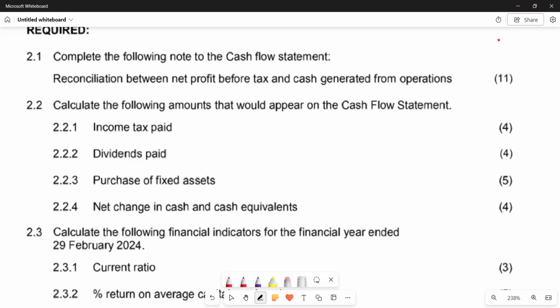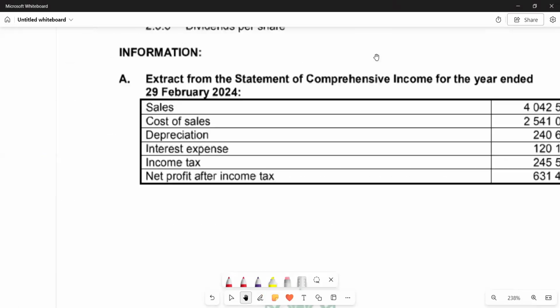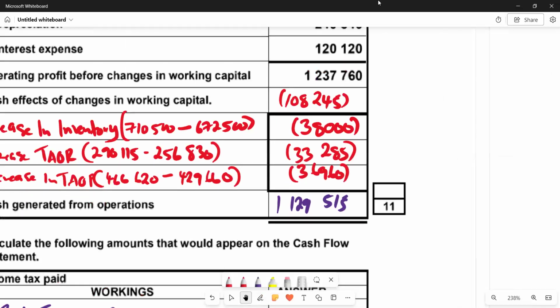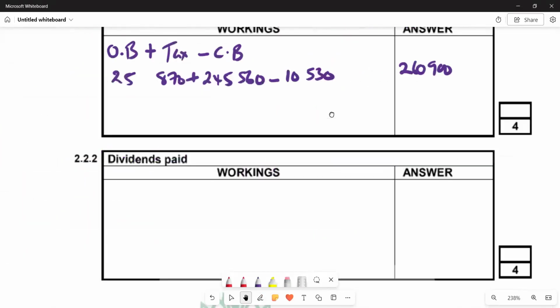So we move on to the second part of the question, which is dividend paid, calculation of dividend paid. Remember, on dividend paid, let's bring down the formula. Dividends paid: we are going to say the opening balance, we add total dividends for the year, or total dividends that are supposed to be paid for the year.